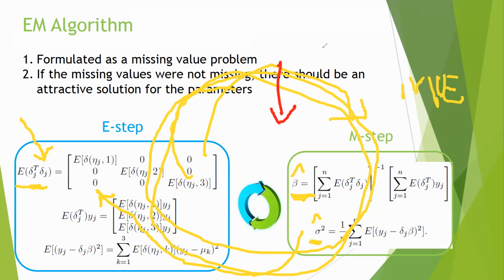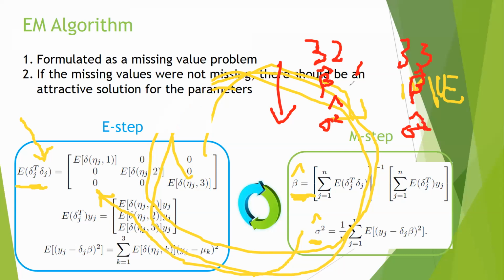Convergence means, in two adjacent steps, let's say the 32nd iteration and the 33rd iteration, in both steps we estimate this beta, right? And the sigma square. If we take a look at how close these two estimations are to each other, we calculate the difference between these two, and the difference is very small, like less than 10 to the minus 8.